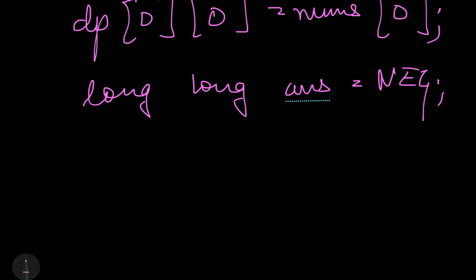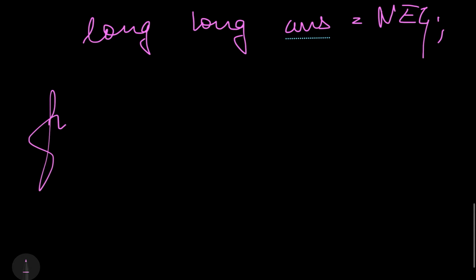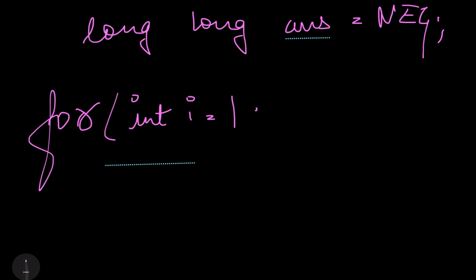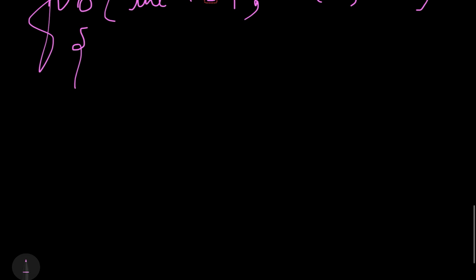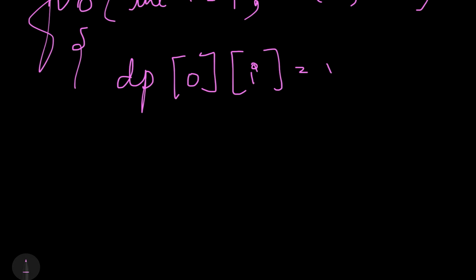Then we'll start our iteration on the array. This is our code logic. We will process each element from left to right. We'll first reset our base state with nums of I.